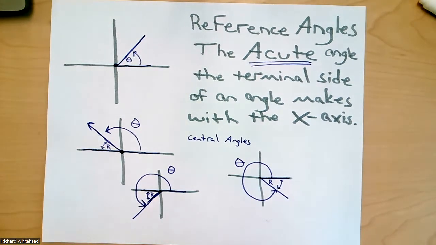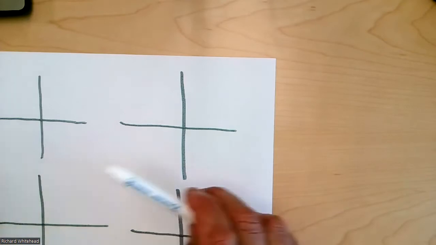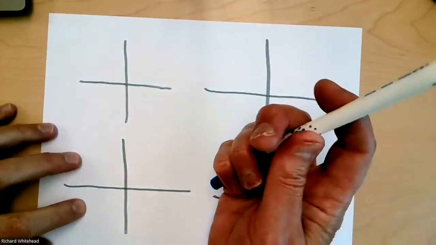So the reference angle is going to be a humongous deal starting as soon as you watch this. And what we're going to do is go through and establish some rules for reference angles. Issue 1.